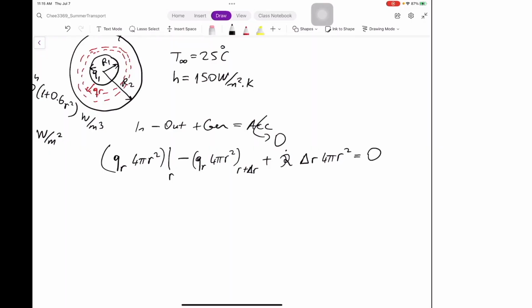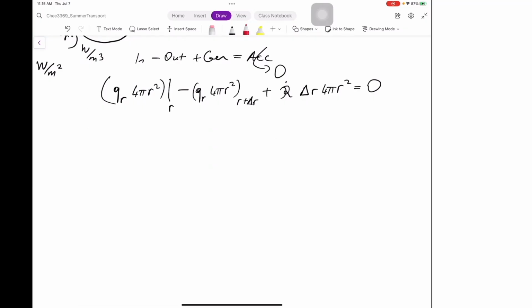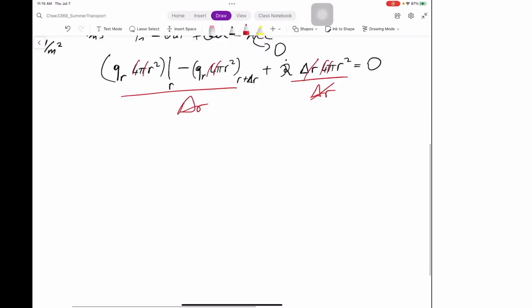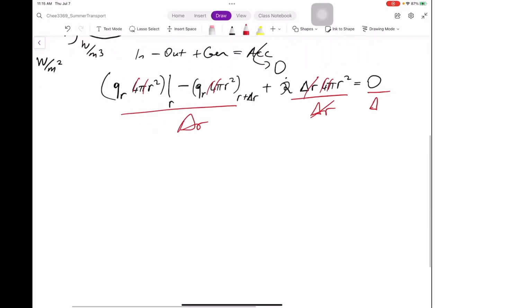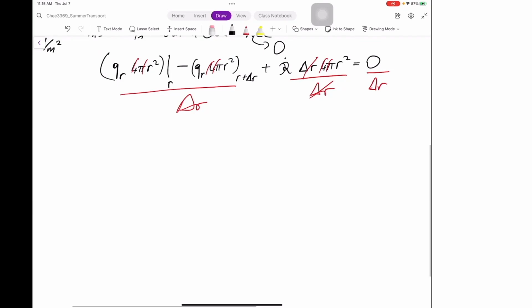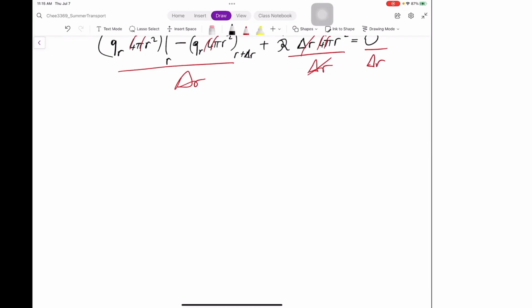That's equal to 0. Then you do the simplifications, divide by 4 pi, divide by delta R, and take the limit as delta R goes to 0.